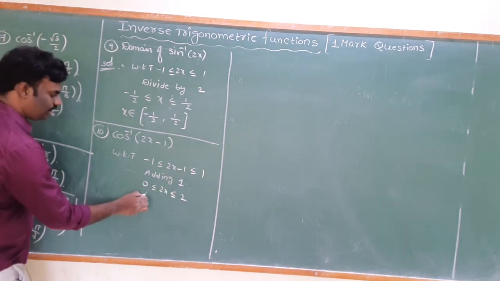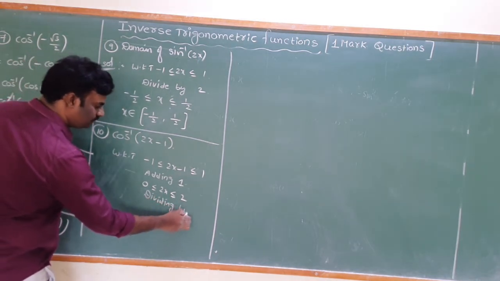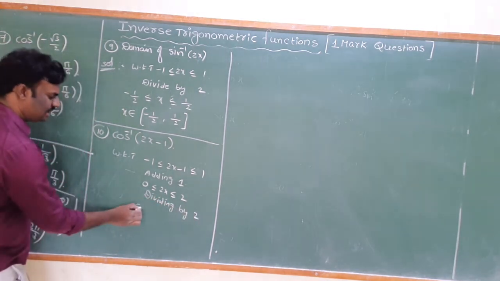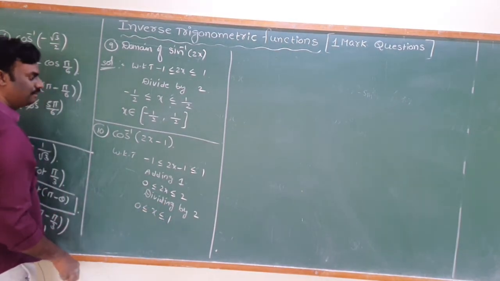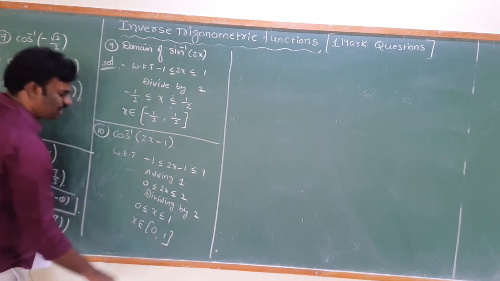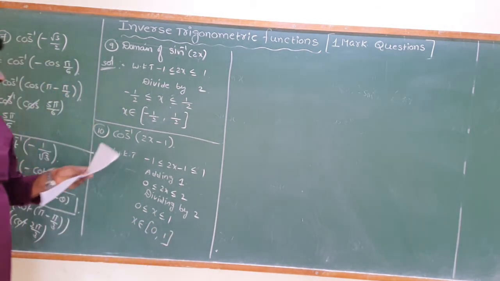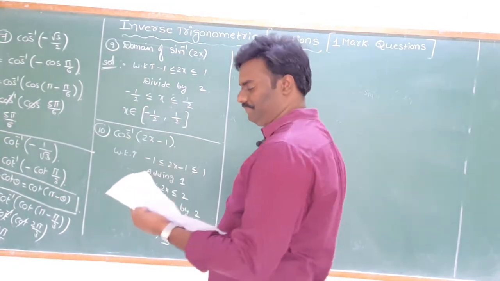Next, dividing by 2: 0 by anything is 0, 2x by 2 is x, 2 by 2 is 1. Therefore, x belongs to the closed bracket 0 comma 1, that is the domain of cos inverse of 2x minus 1.